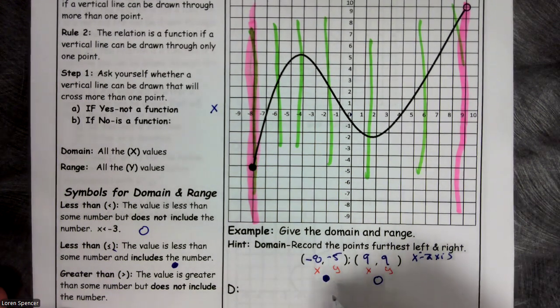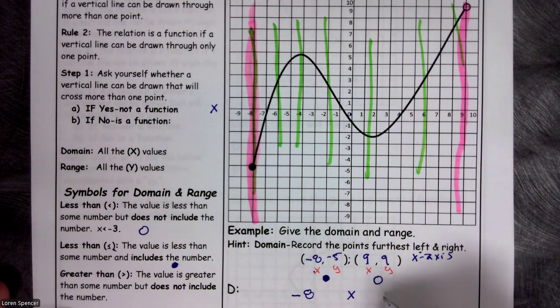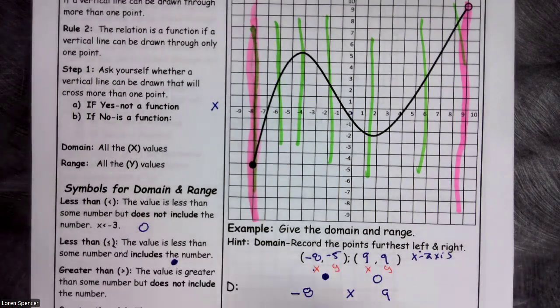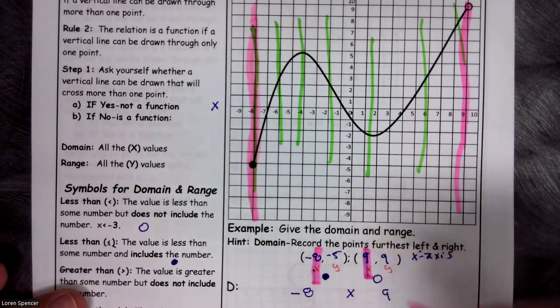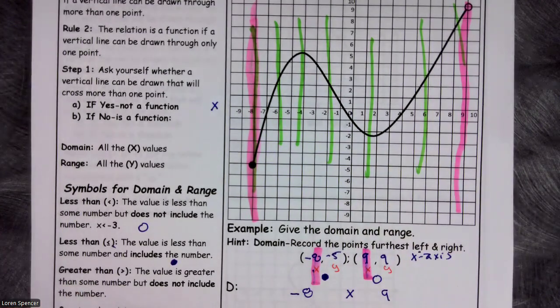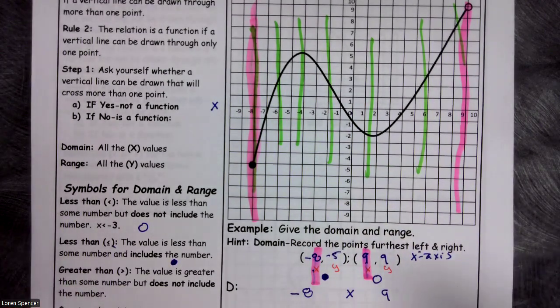And we know that we're going to have our lowest value is -8. X is going to be in the middle. And this 9 is going here. So -8, that's our x. 9 is our other x. And we always go with the smallest on the left.